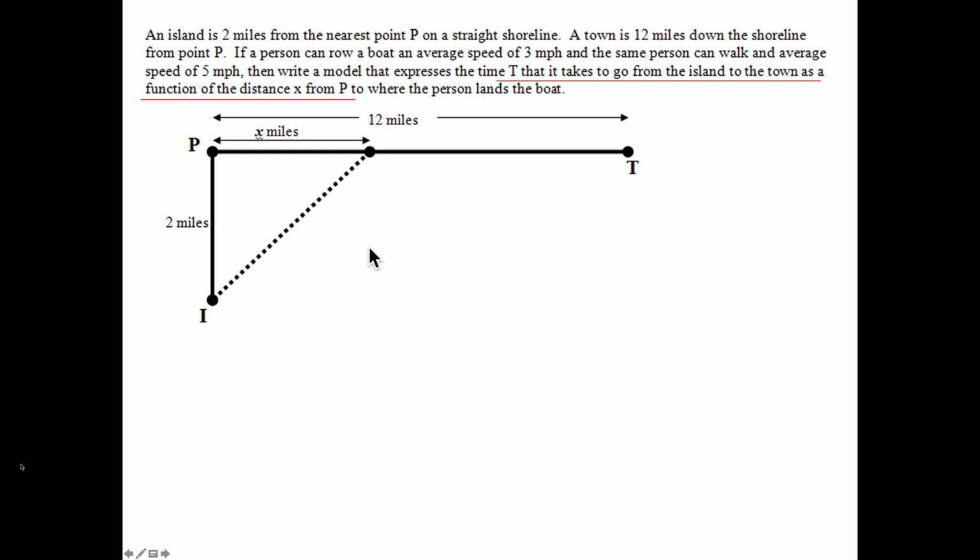All right, so what we need to do is write our function T as a function of x. So that's T of x, capital T of x equals. Now, we've got to find the time it takes to row your boat to somewhere on the shore. Well, we don't want to just row right to town because rowing is only 3 miles per hour.